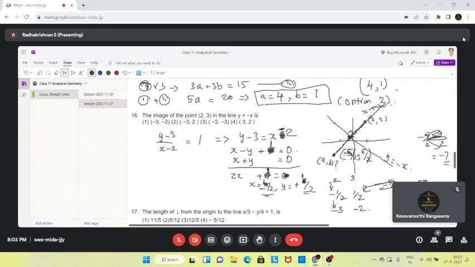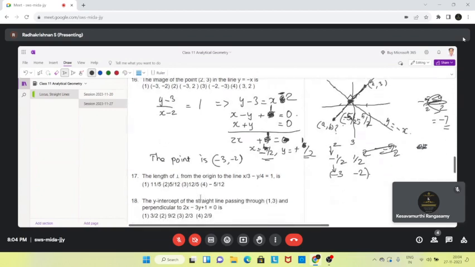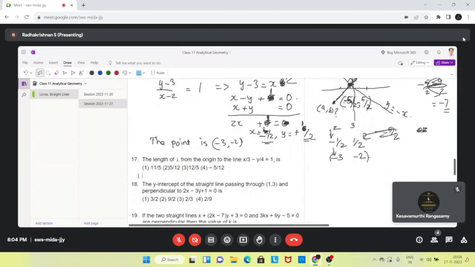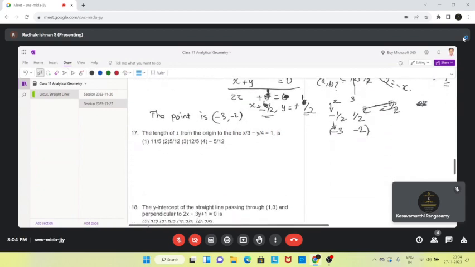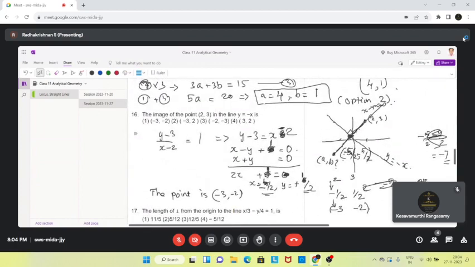This is the point there: minus 3 comma minus 2. Okay. Which option is it? Option 1.